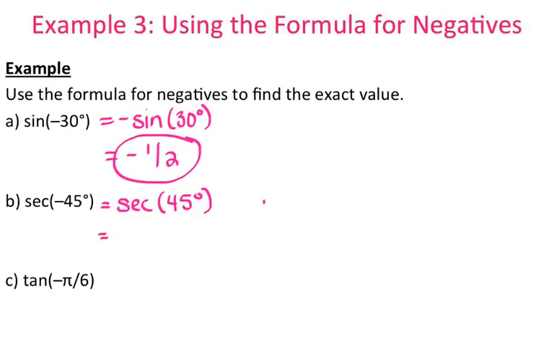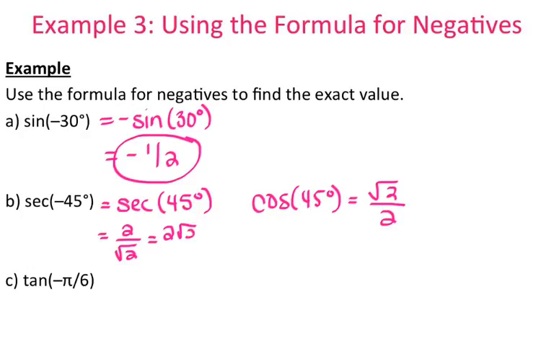So I'm actually finding cosine right now. Cosine of 45 degrees first, and that's root 2 over 2. The reason why I'm finding cosine first is because secant is the reciprocal of that. So now I can take that root 2 over 2 and flip it over. That gives me 2 over root 2. Can't have radicals in the denominator. So that's 2 root 2 over 2, which is just root 2.